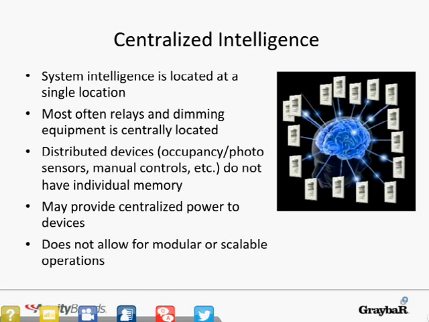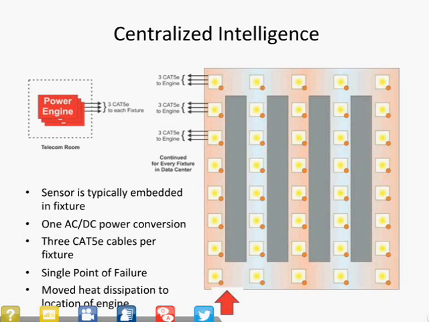So let's take a look at our sample data center again. It's the same one we had in the previous slides. Here we have a centralized system. It's deployed with occupancy sensors on every fixture, as you can see with the orange dots on every single fixture in there. And this is often the case with these types of systems. This provides what they claim is the ultimate in granularity for control, and enables what is often referred to as follow-me lighting.